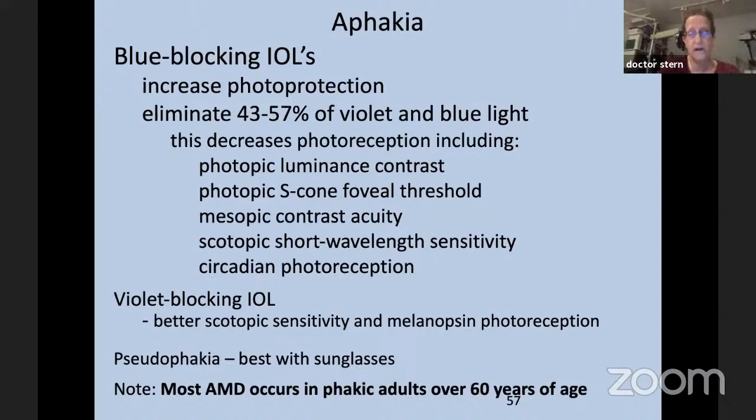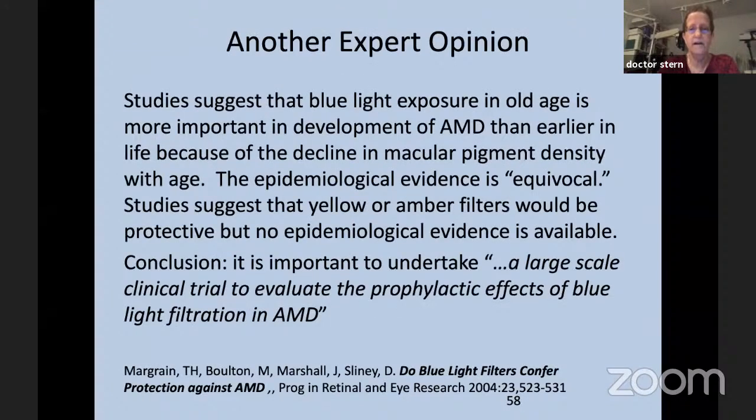Again, because most macular degeneration occurs in phakic adults who are over the age of 60, not necessarily in those that have had intraocular lens implants. And here's a study that suggests that blue light in old age is more important in the development of macular degeneration than earlier in life. They're saying because of a decline in macular pigment density.